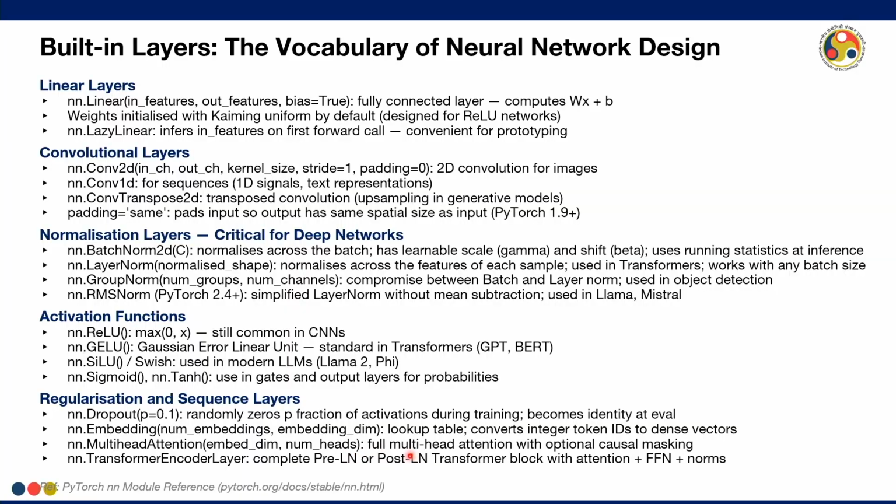It is full multi-headed attention with optional causal masking. So some attention heads we can mask. All these things we will discuss when we build the actual model for the LLMs and so on. There is also the transformer encoder layer, which is used for your feed-forward networks, attention layers, and normalizations.